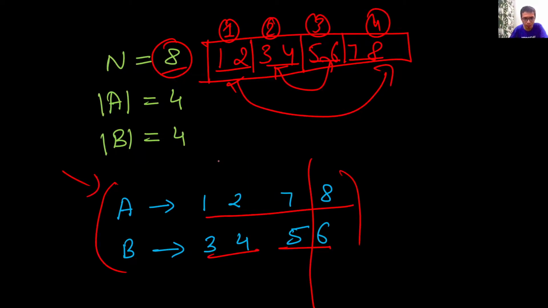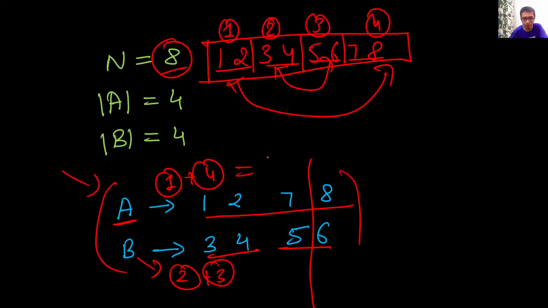Now let's mathematically try to prove that this array A, which is formed by taking the first part and the fourth part, and this array B, which is formed by the second part and the third part, would always produce a sum that is half of the sum of numbers from 1 till n, right?